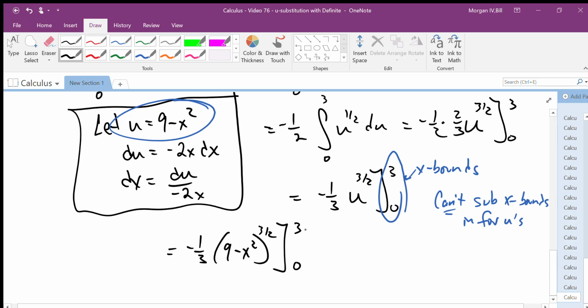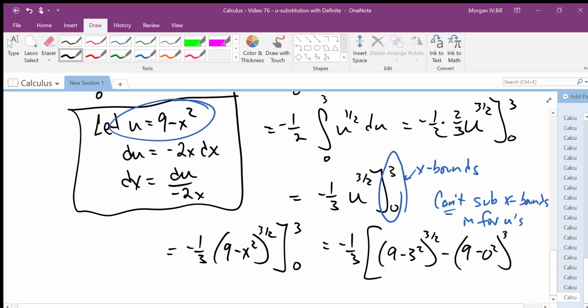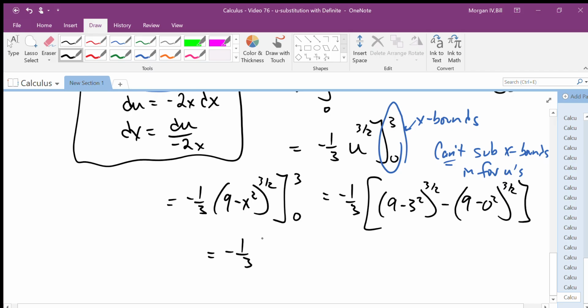I plug in 3 minus plugging in 0, and I get negative 1/3 times 9 minus 3 squared to the 3/2 minus 9 minus 0 squared to the 3/2. 3 squared is 9, 9 minus 9 is 0, so that's 0 to the 3/2, which is 0. On the right side, 9 minus 0 squared is 9, the square root of 9 is 3, and 3 cubed is 27. I get negative 1/3 times negative 27, which is a positive 9. Same answer.